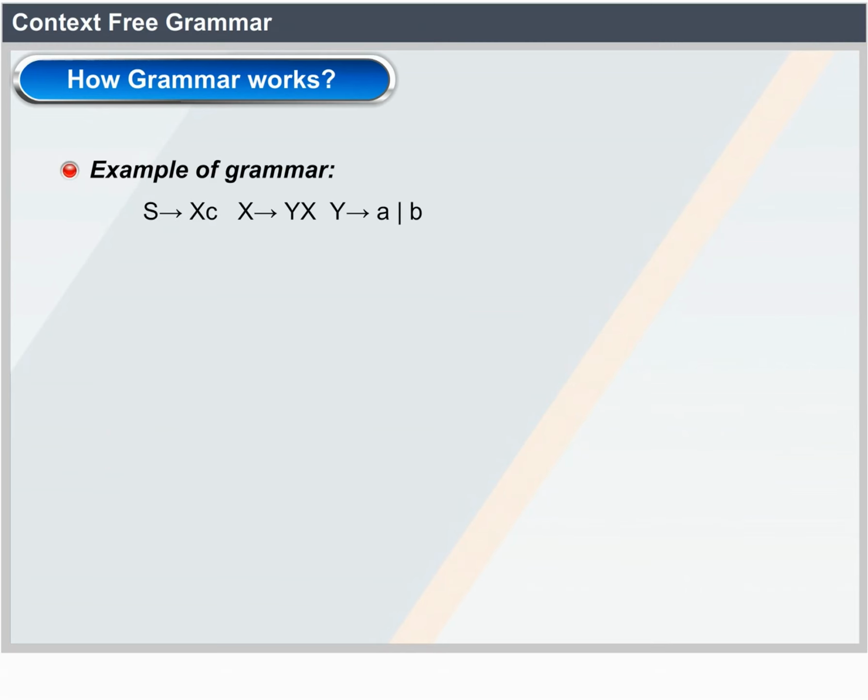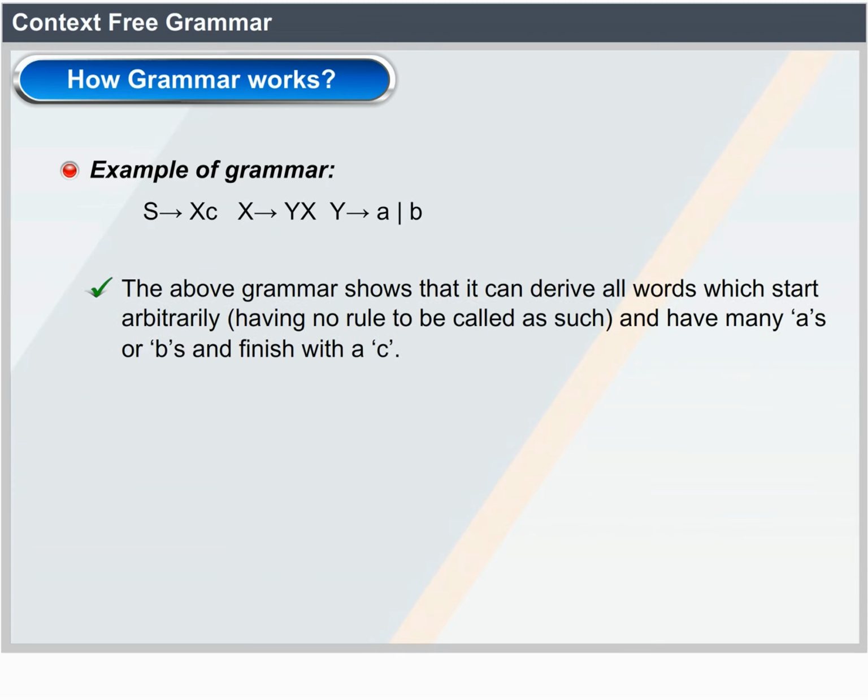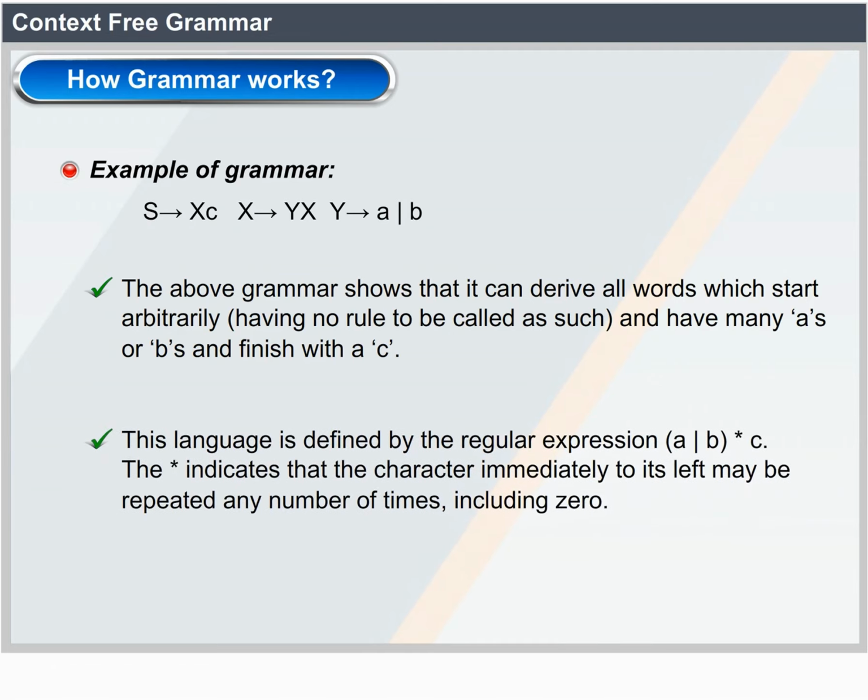Example of grammar. S implies XC, X implies YX, Y implies a or b. The above grammar shows that it can derive all words which start arbitrarily, having many small a's or small b's, and finish with a small c. This language is defined by the regular expression (a or b) asterisk c.